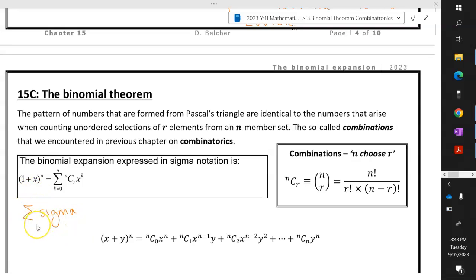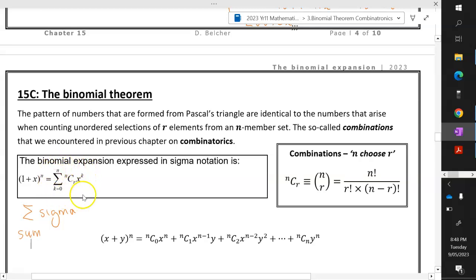But in maths, all it means is to sum something, or to add something up. So although this looks pretty messy, we're just saying, sum up from 0 to n, nCr of x to the power of k.